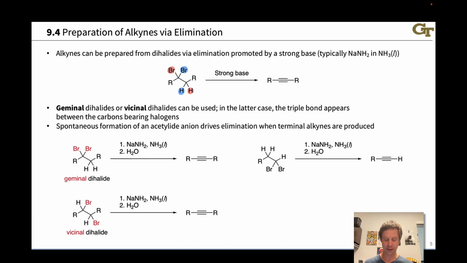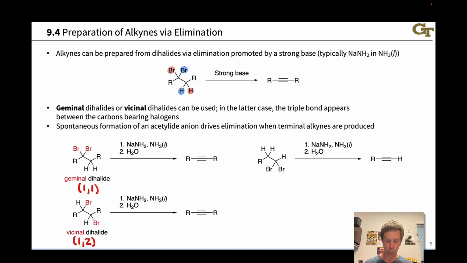This can get a little tricky. If there were H's within these R groups, beta hydrogens next to the two bromines, we could end up with isomeric alkynes in general. And this we generally want to avoid. So we have to be a little bit careful, especially when we're working with these so-called geminal dihalides, these 1,1 dihalides.